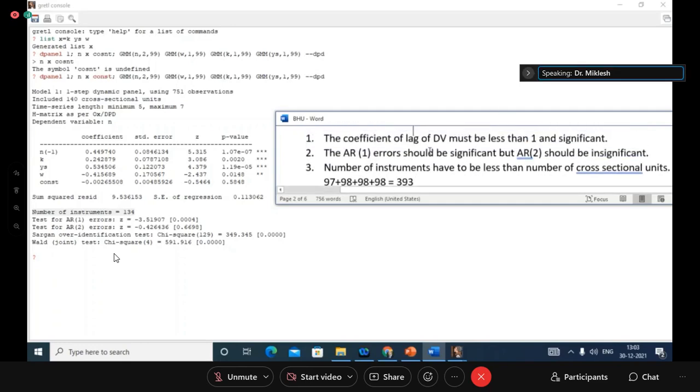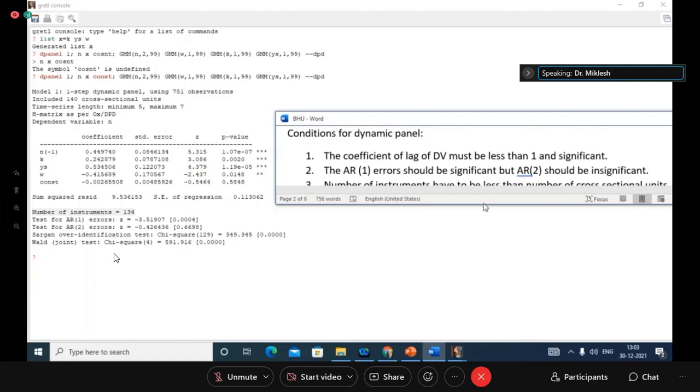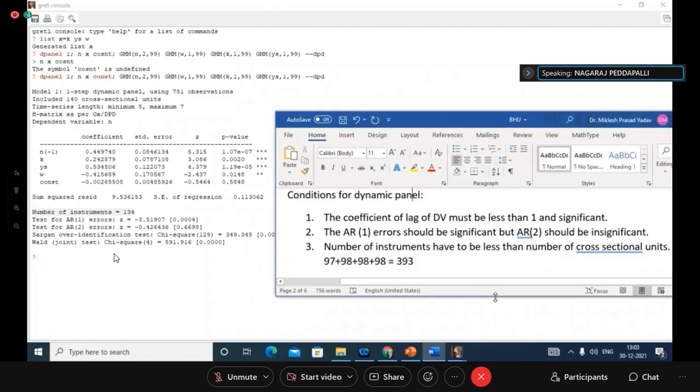Dear participants, have you understood or not? Sir, in this case, instruments are like variables only. Instrumental variables. Not variables, rather there is a lag of variables. Okay, so up to 134 lags it was checking.